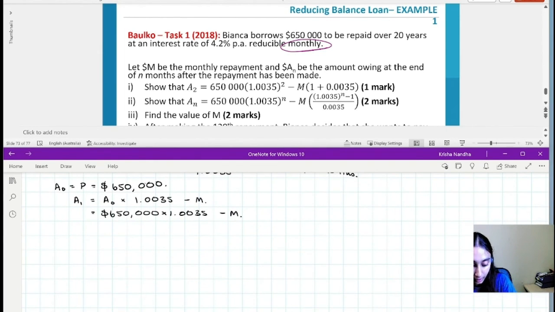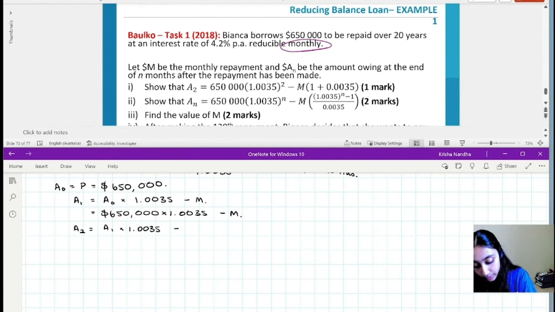Okay, now let's move on to A2, which we're going to follow the same pattern. So A2 will be equal to A1 times 1.0035.